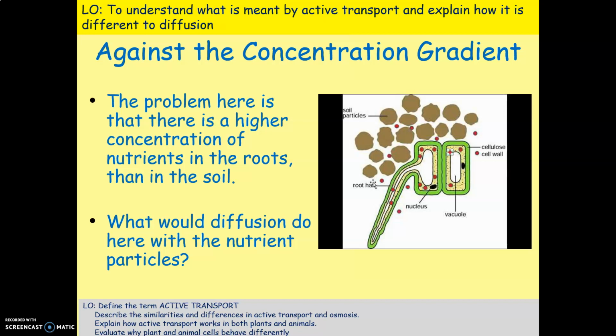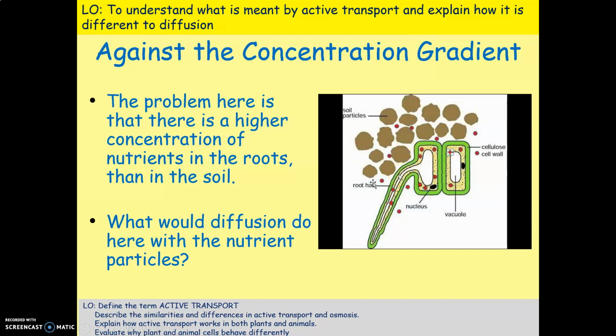So normally, if I'm to use a plant, for instance, to explain active transport, you find out that you have a higher concentration of nutrients in the plant compared to the soil. So for this nutrient to move into the root hair cell that's got a higher concentration of the nutrients, the plant can only do that by what?